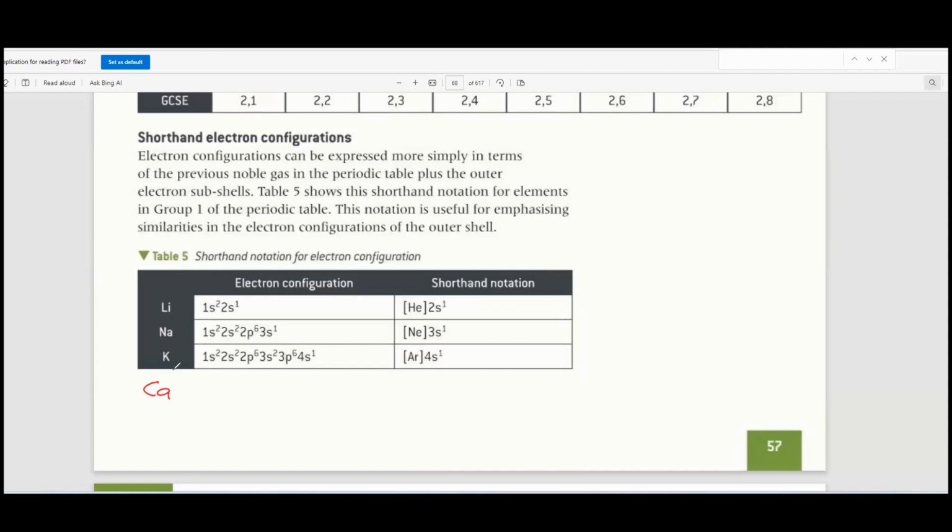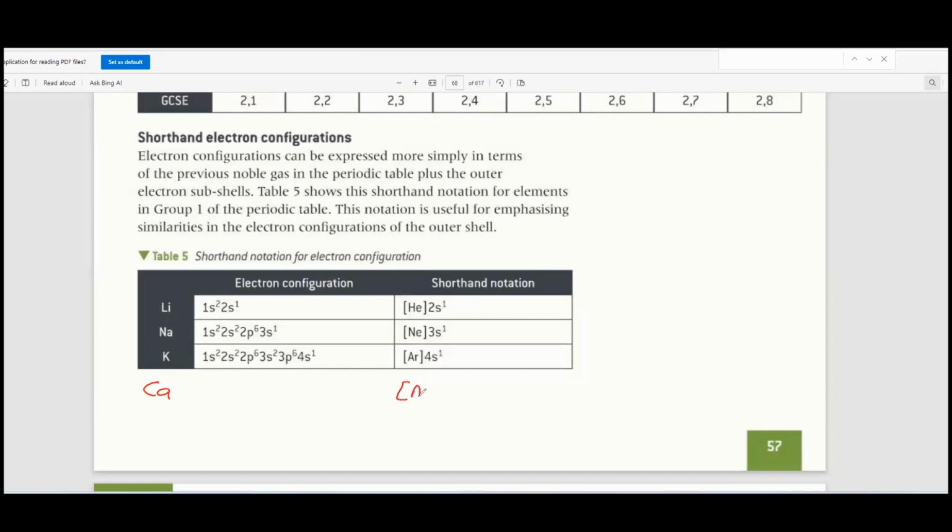So what we will do? We will first go one atomic number below calcium. What is that? That's potassium, right? And it's not a noble gas. We will keep on going until we get the noble gas. So what is before potassium? Argon. Yes, argon. So that means calcium has just two more electrons than argon.